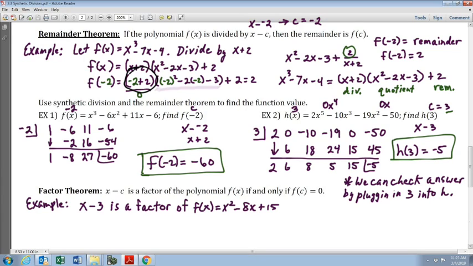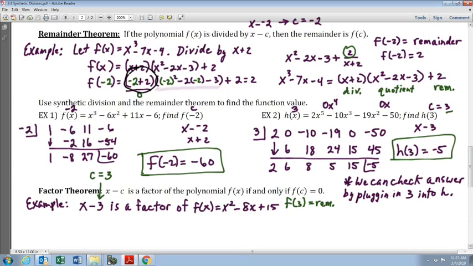So this is our condition here if we're going from left to right. We have x minus 3 is a factor of f of x, and this is our f of x, x squared minus 8x plus 15. So what the theorem is saying, now notice in this problem our c is 3, so what the theorem is saying is that f of 3 is equal to 0.